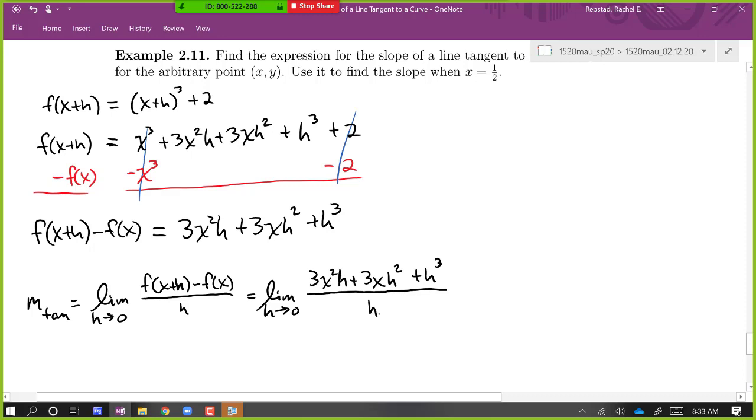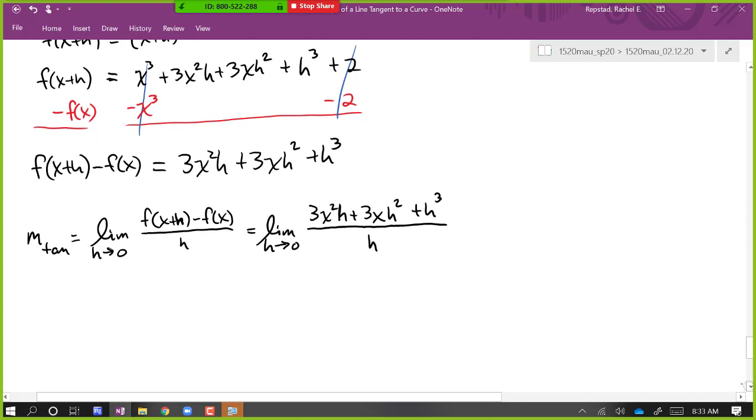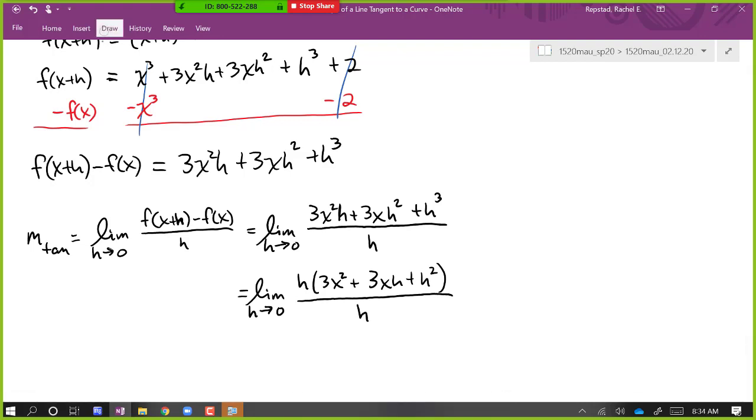Every term in the numerator has a factor of h, so we're going to factor it out. This is good news for us because this allows us to cancel that h.